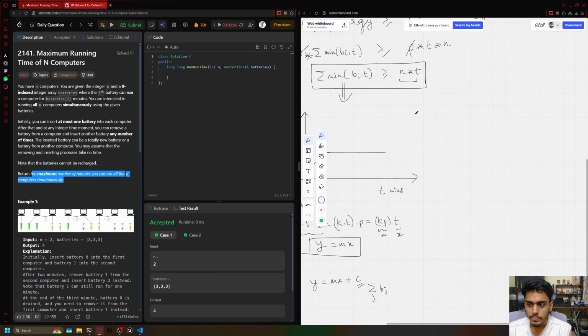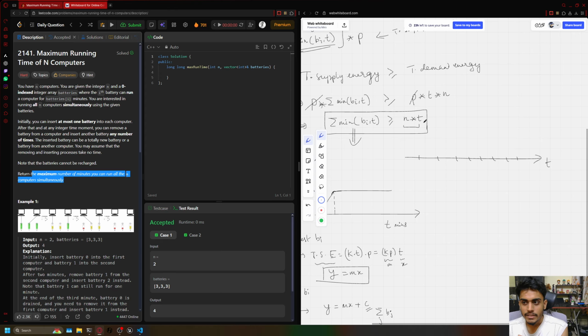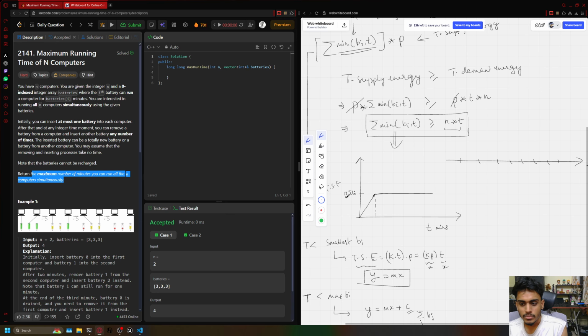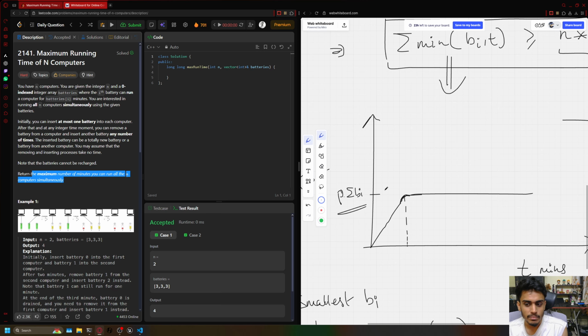Let's say I plot it for T. At smaller values of T this will be small, and I may be meeting my total demand energy. But at larger values of T, my required or demand energy will shoot up, whereas my total supply energy will saturate to this value, which is P times the summation of Bi.